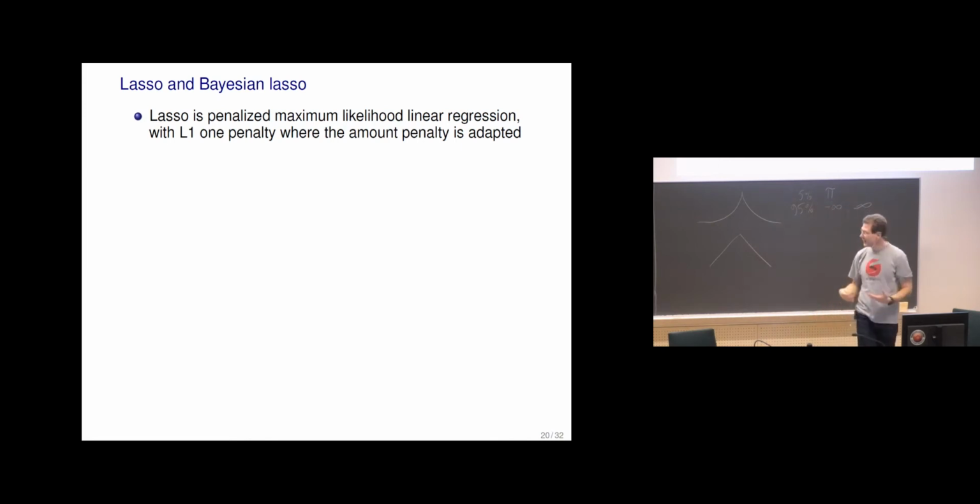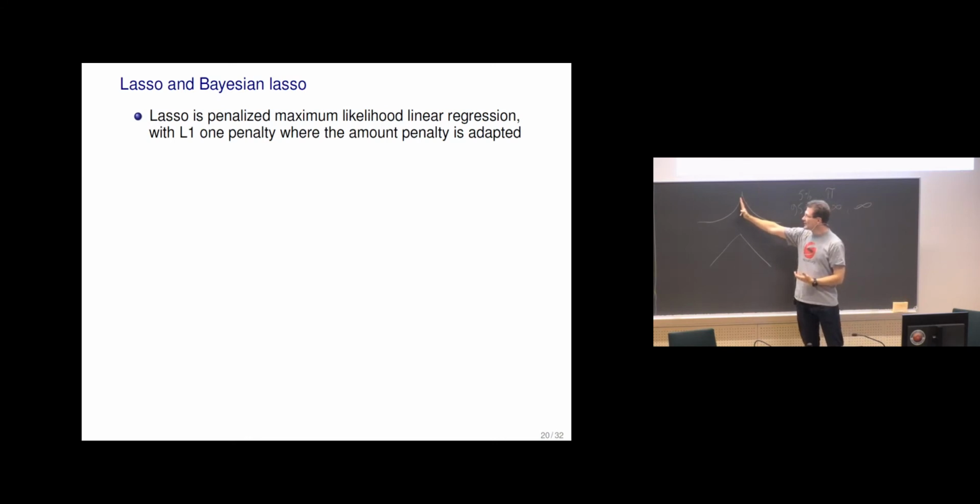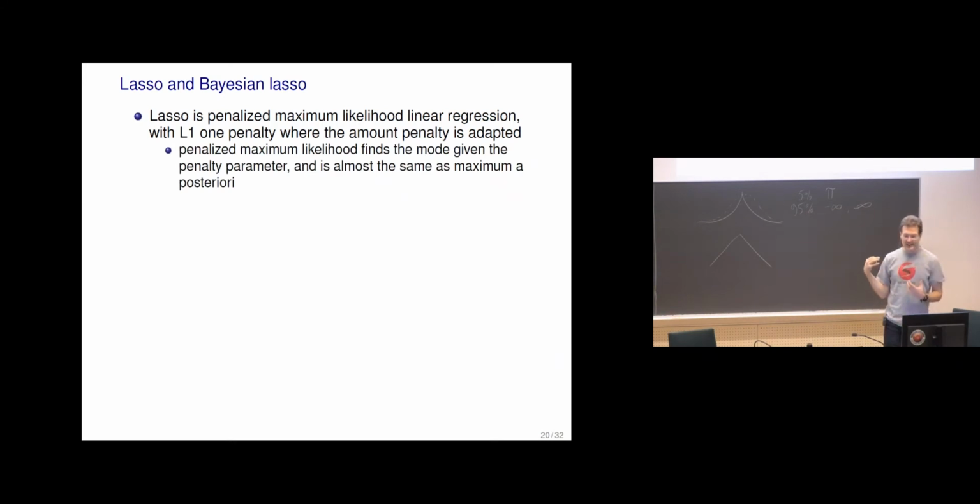The idea is that we assume it's more likely that there's more mass near zero compared to a Gaussian.